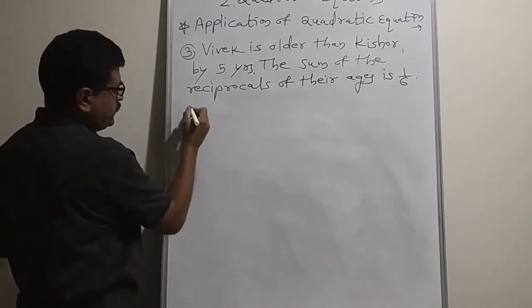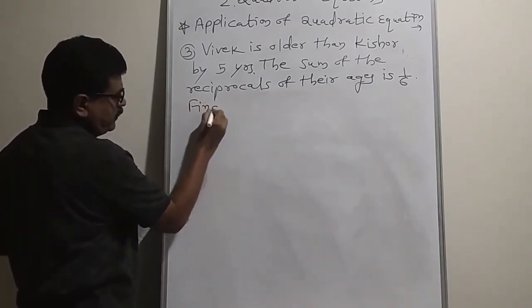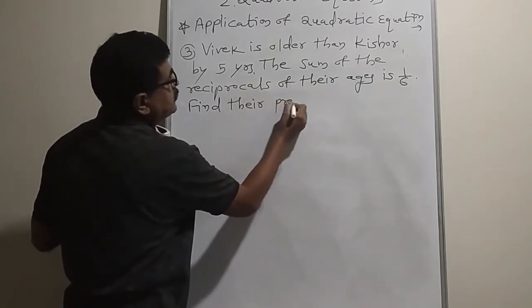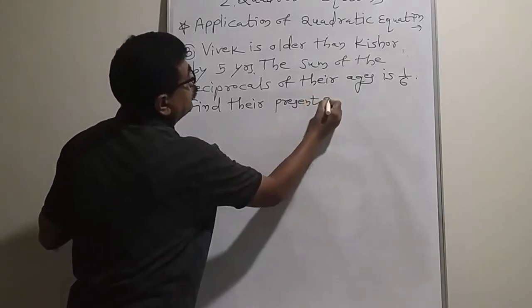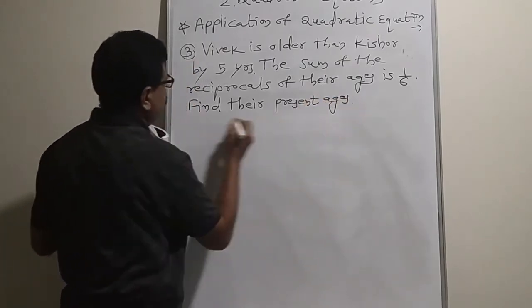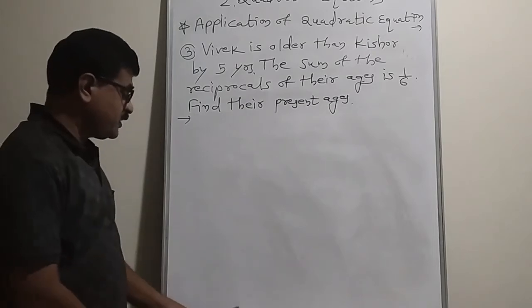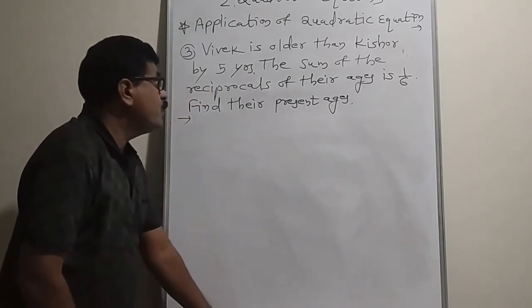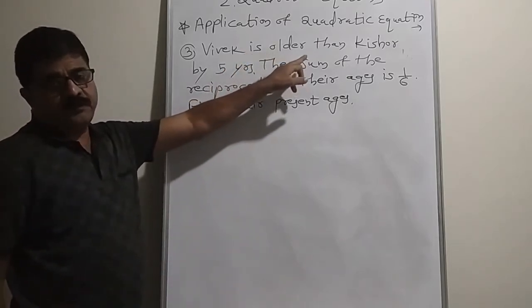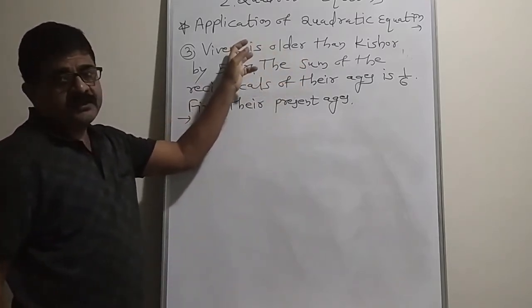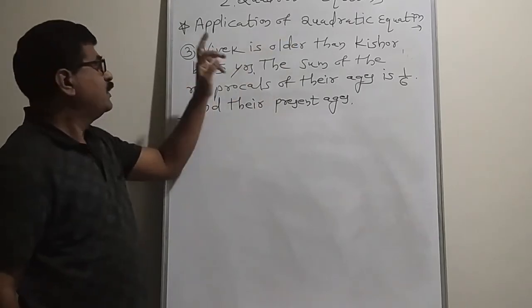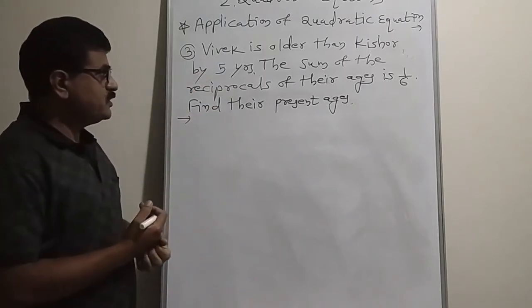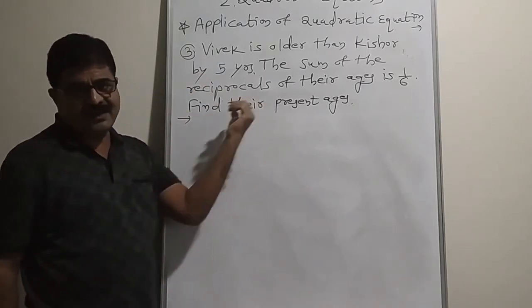Find their present ages. Now in this example we have given Vivek is older than Kishore, that is, Vivek is bigger than Kishore by 5 years. Now we consider the smaller one as x years.